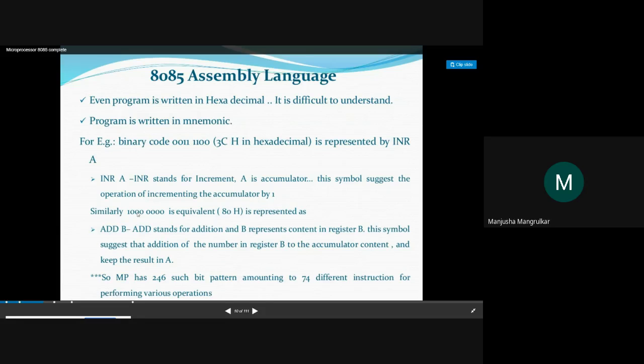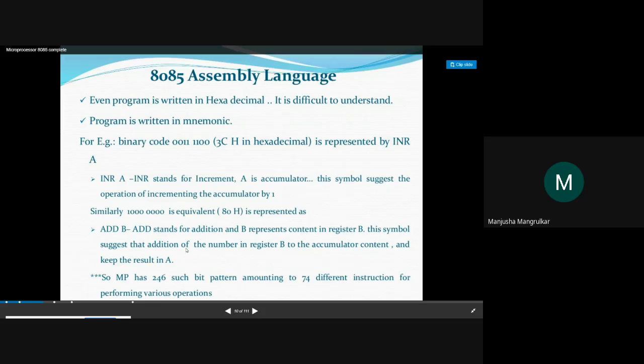Similarly, 1000 0000 is equivalent to 80H. It is represented as ADD B. ADD means addition, and B represents the content of the B register.